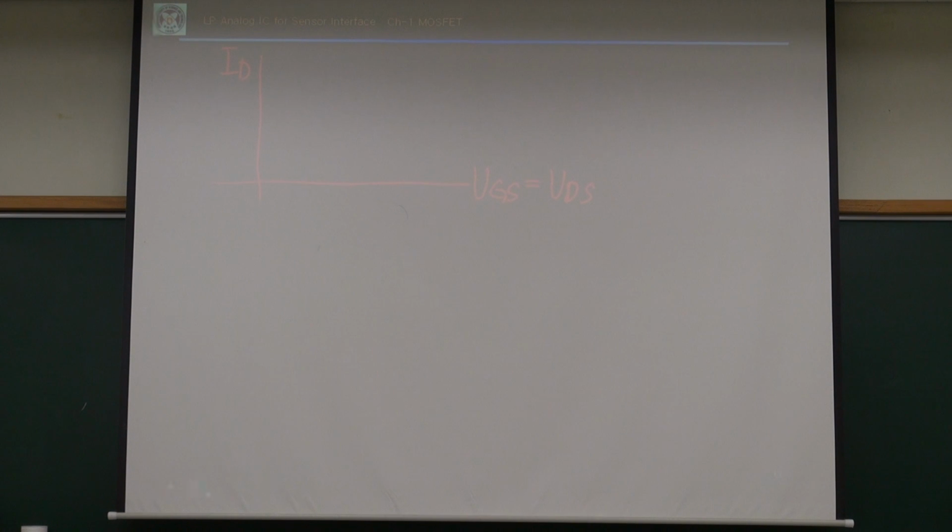So it's something like that. Yeah, this is my VTH. My ID in a saturation region, I neglect my channel length modulation.